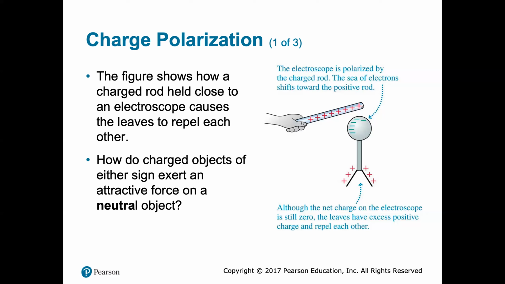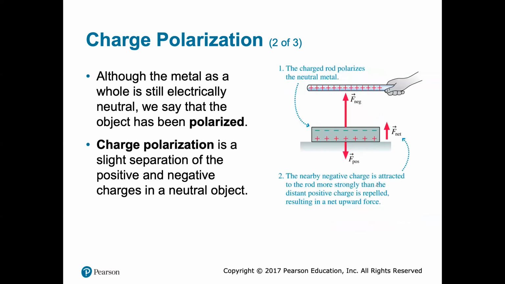The positively charged rod will attract more negative charge, so the negative charge comes to the tip of the head, and the positive charges are repelled by the rod and prefer to stay on the leaves. Then the two leaves are both positively charged, they repel each other, and the two leaves will open. This is called charge polarization.